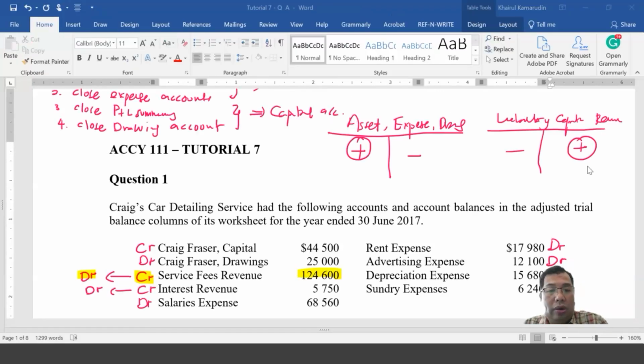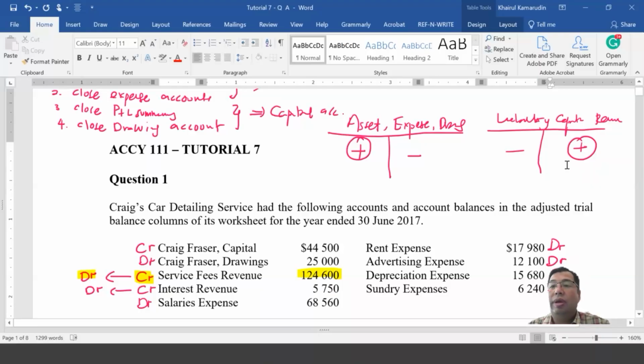So in order to close your service fee revenue and interest revenue accounts, you need to debit both accounts by the same amount. So the answer will be debit service revenue account, and then debit interest revenue account.